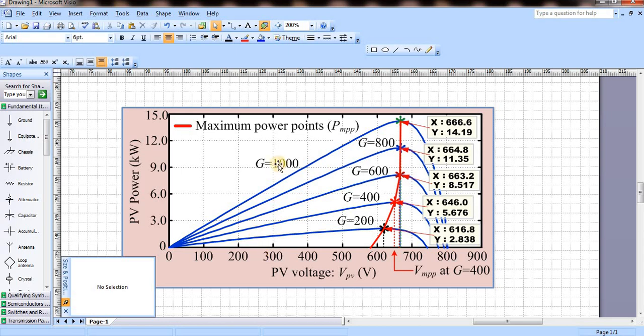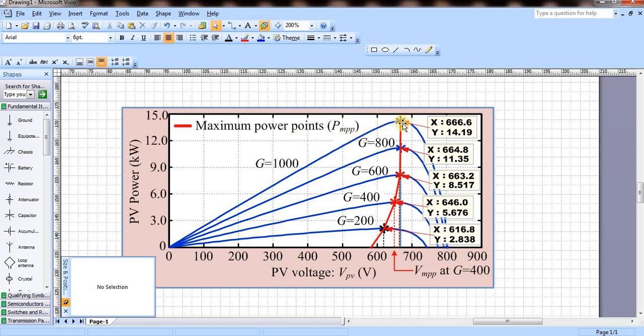Or at the 1000 reference, if you are operating at 300 volts of your PV, you may get 6.5 or 7 kilowatt, but the array can generate 14.19 kilowatt. You are getting only 7 or 6.5 kilowatt if you are operating at 300. So it is actually based on voltage; the operating point will be different based on voltage.